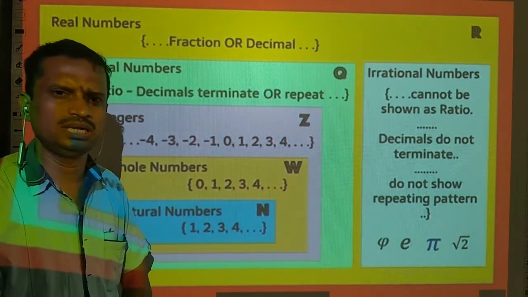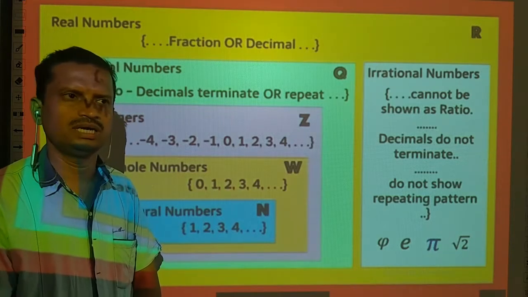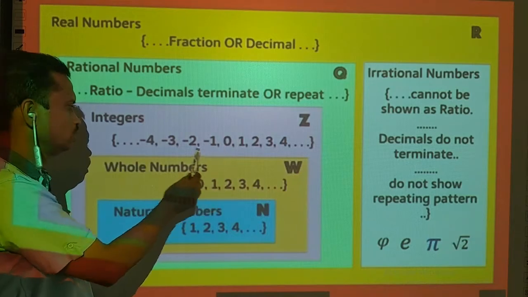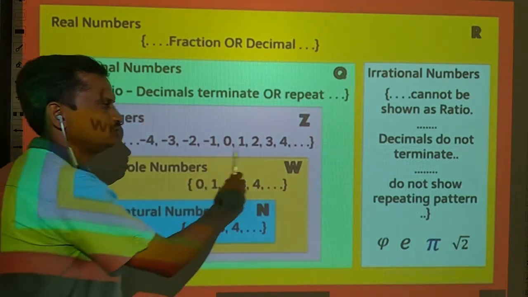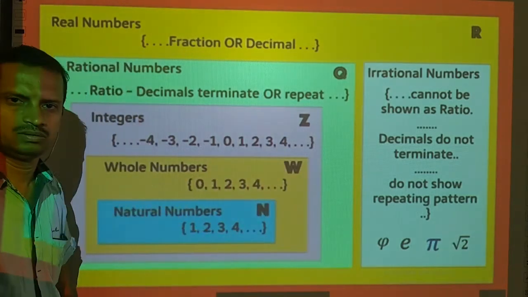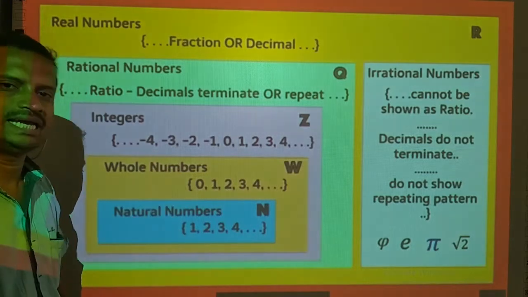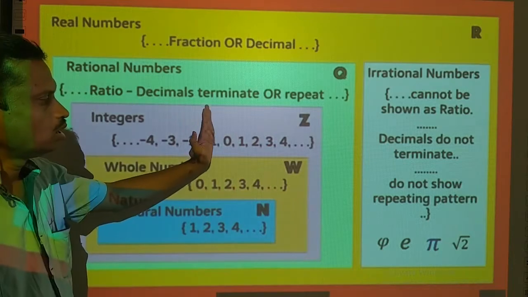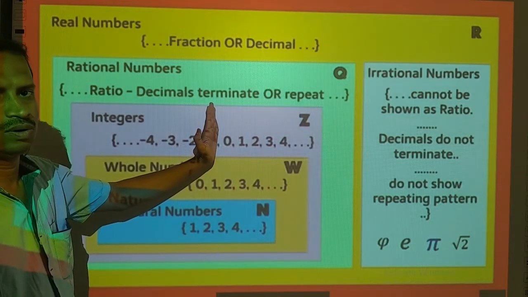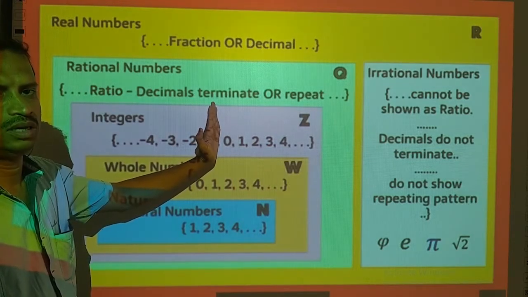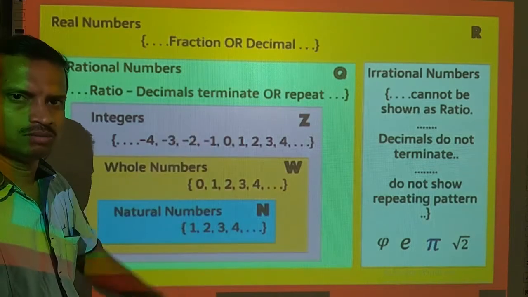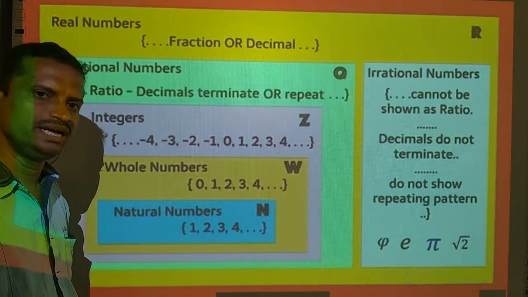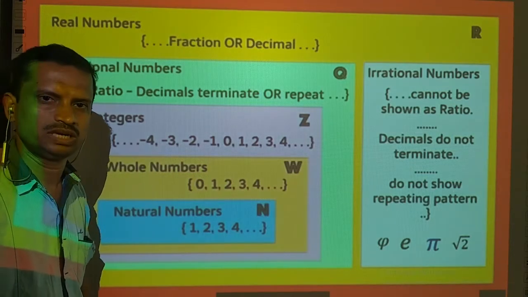In the number line, in 8th standard itself, in the center you put 0, and left side negative numbers, right side positive numbers. Another way you can say: whole numbers and negative numbers combine to form integers.